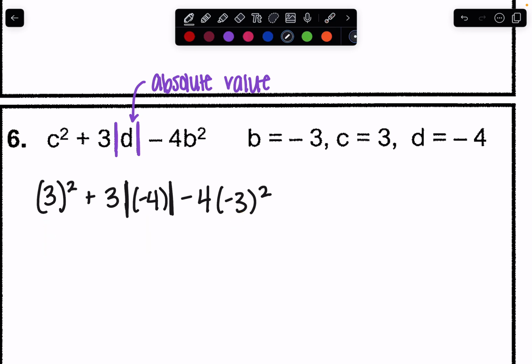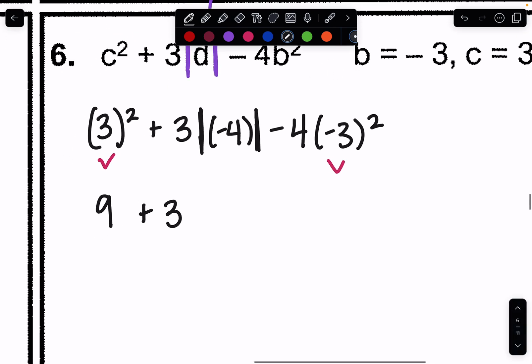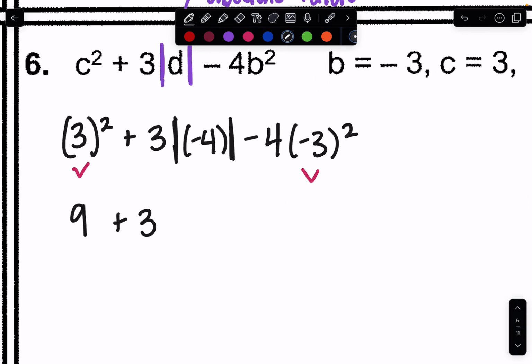So I have two exponents here. I have the 3 squared. I have the -3 squared. Nothing else is going to change, all right? So 3 squared is 9 plus 3. Because I don't have anything really going on with this absolute value, I can just drop that. That -4 inside the bars is really going to turn into what type of 4?